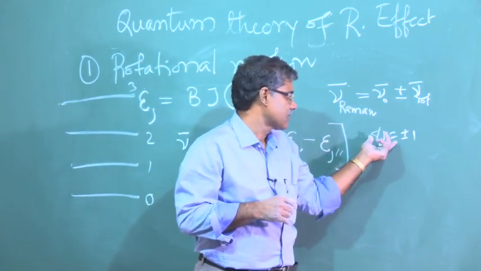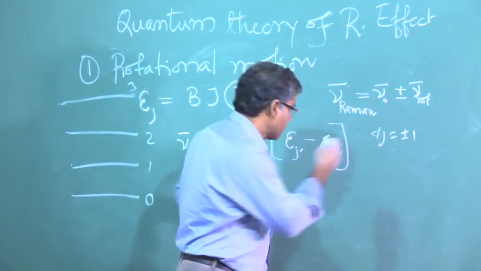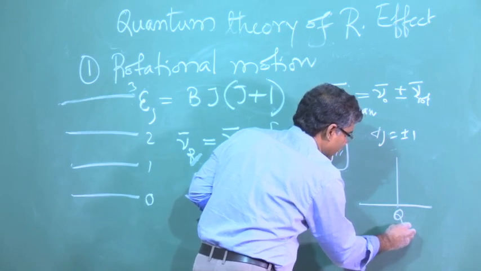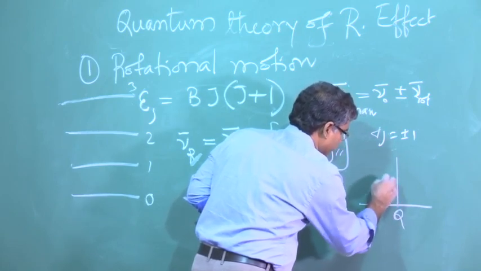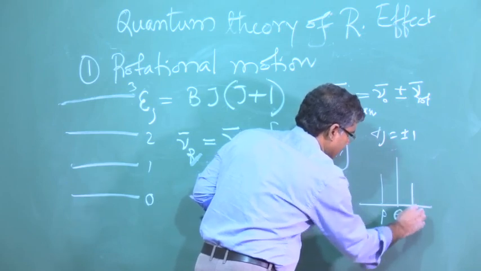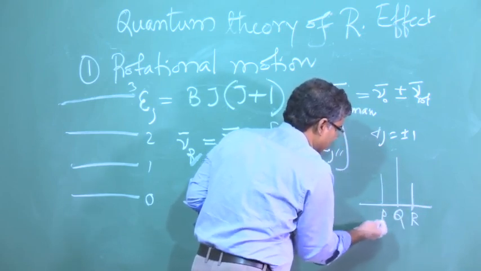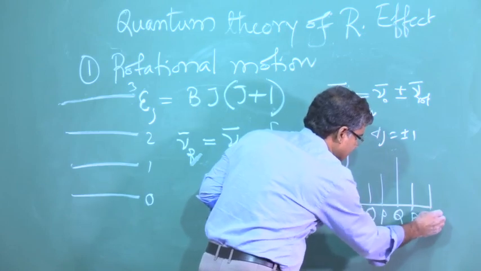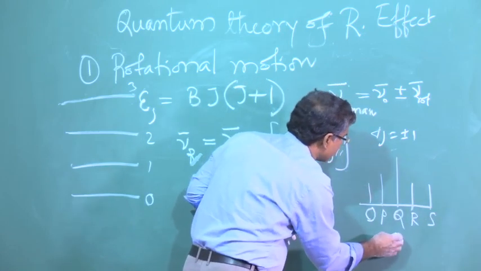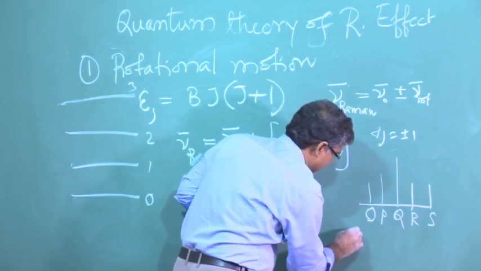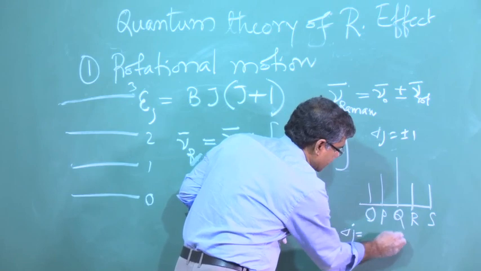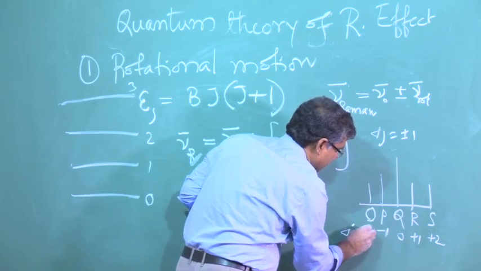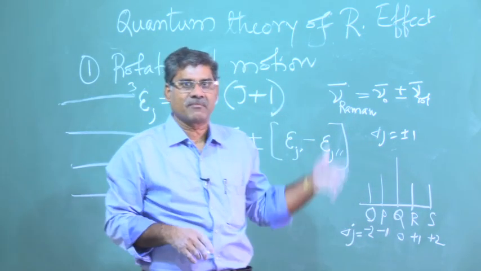You remember the Q, P, R branches, and then O and S. I think del J is 0 for Q, plus 1 for R, plus 2 for S, minus 1 for P, and minus 2 for O. So, these are different branches we have discussed earlier.